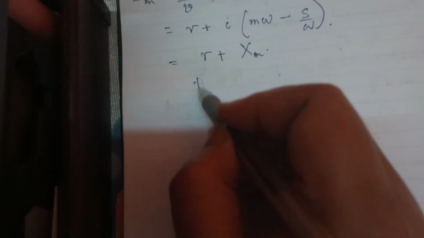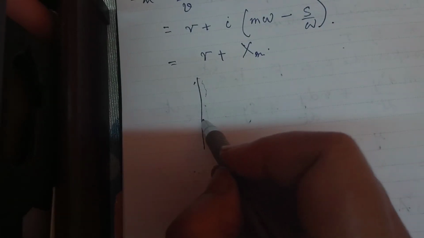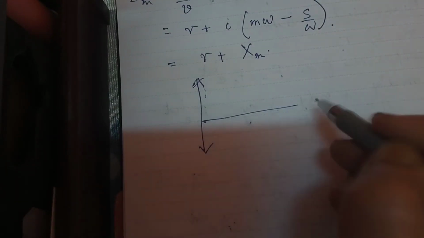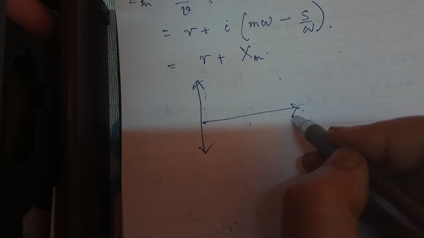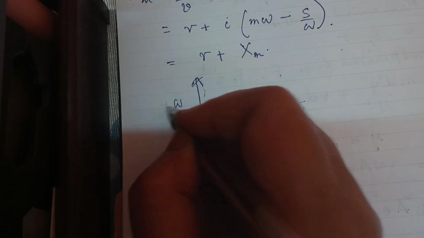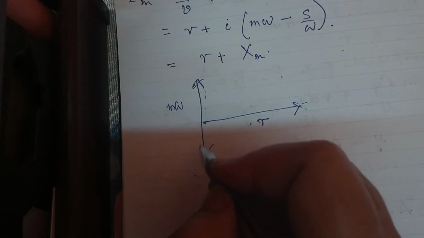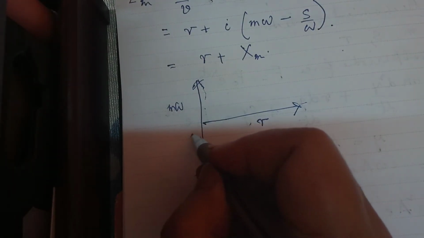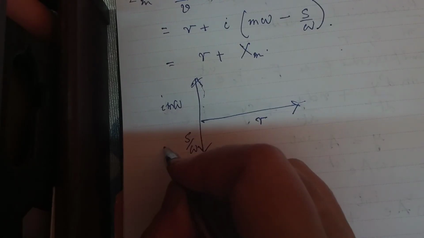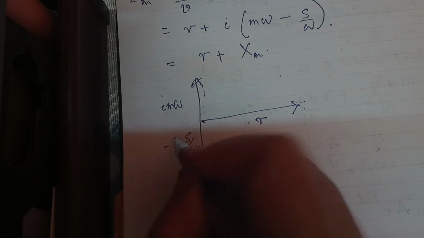Basically, if you draw it, this is R, this is m omega, this is s by omega, this is i m omega, this is minus i s by omega.